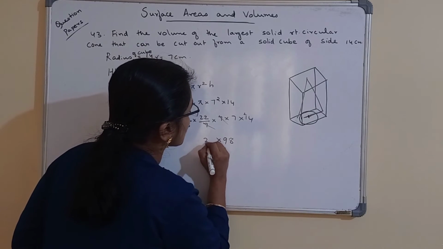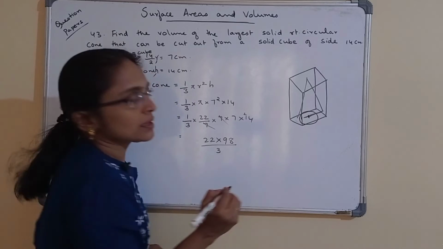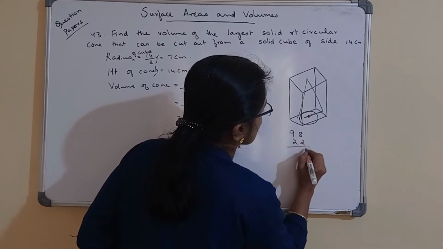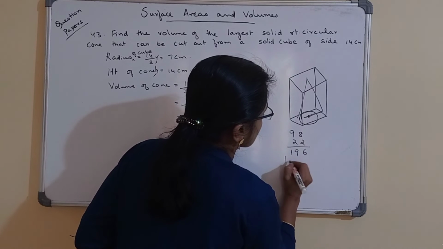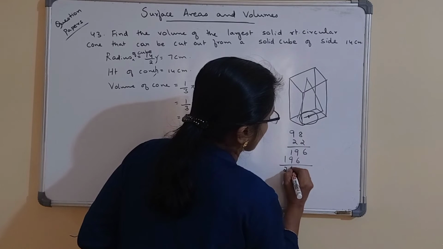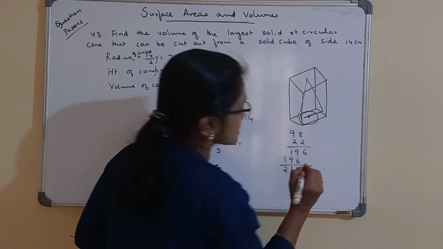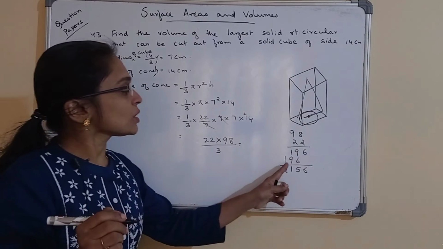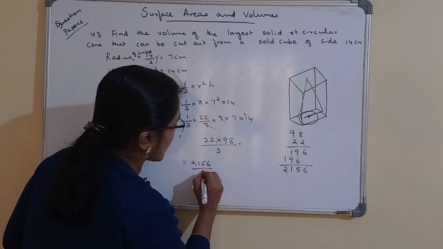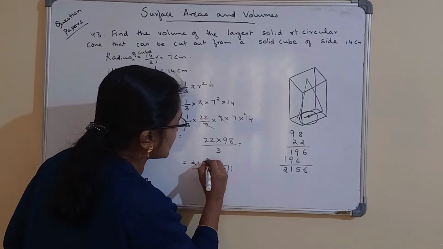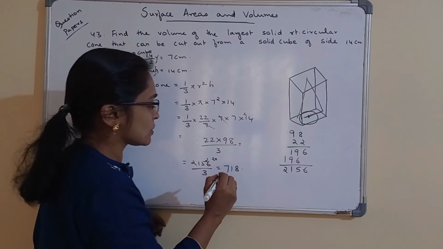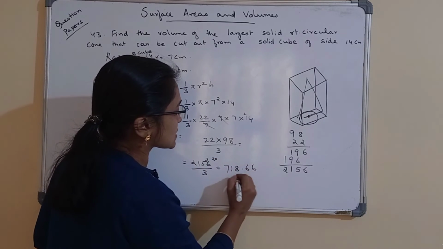So we have 22 into 98 by 3, which is equal to 98 into 22, that is 2156. So this is equal to 2156 by 3, and that is equal to 718.666 and so on.